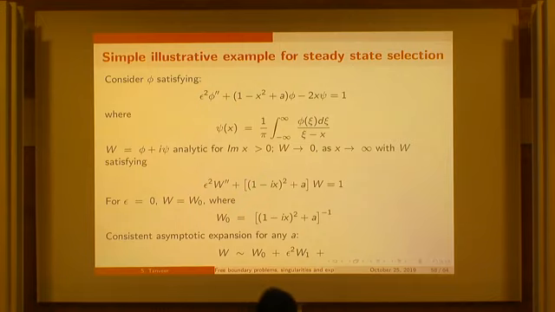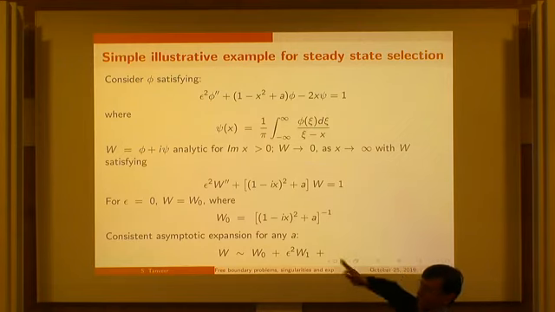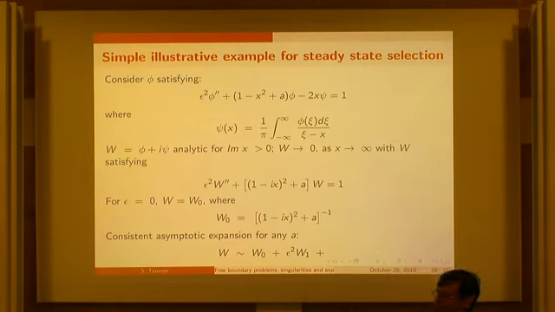Bring the 1 to the other side and divide the entire thing by 1 plus iC. So W is some other W. I've cheated a little bit, but it has no effect. This is just a rescaled version of this.